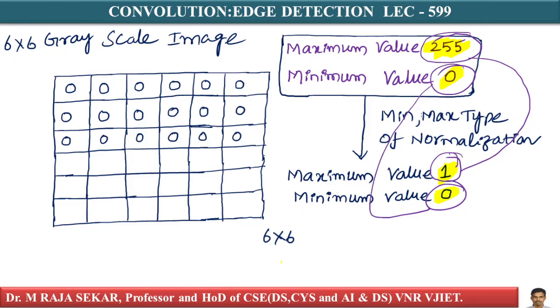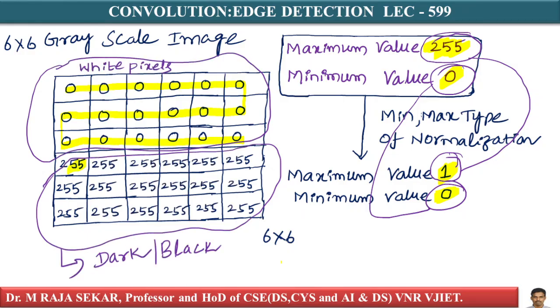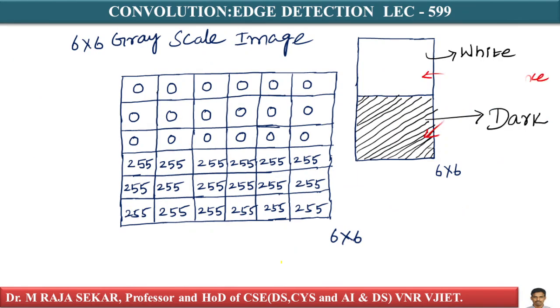Now, given this grayscale image, these pixels are all white and these pixels are all dark. 0 values mean white pixels, 255 means dark pixels. So actually there is a difference in color from one region to the other, from the white region to the dark region.